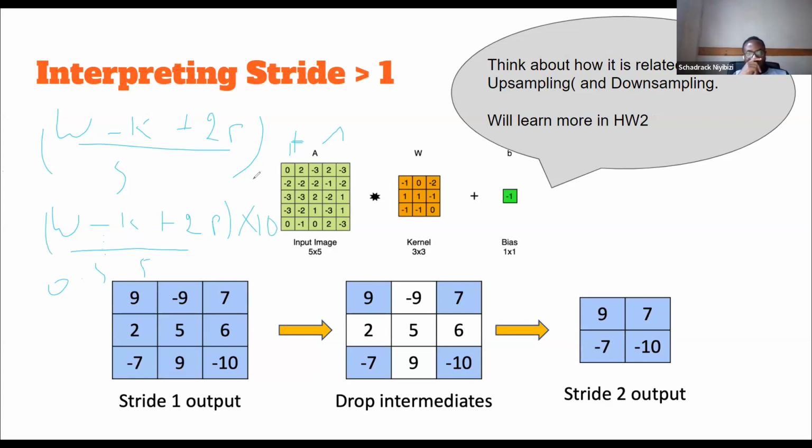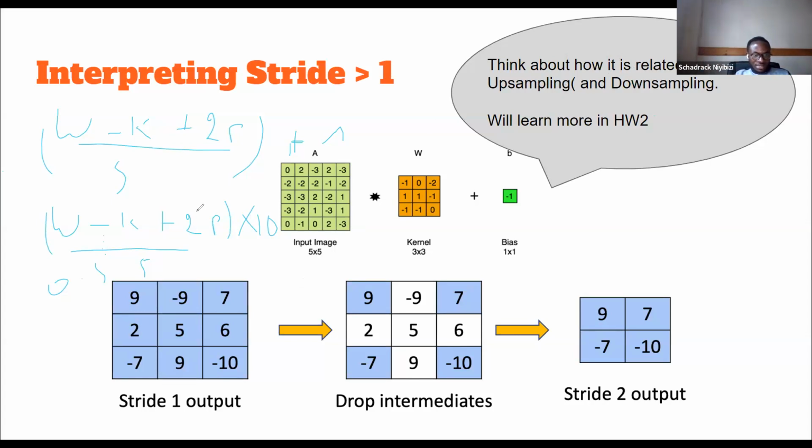You can see that the formula will change because the stride is becoming a decimal number. It means that the size of the output will increase. That's why we say it here: think about how this is related to upsampling. Upsampling means we are trying to increase the size of the image.